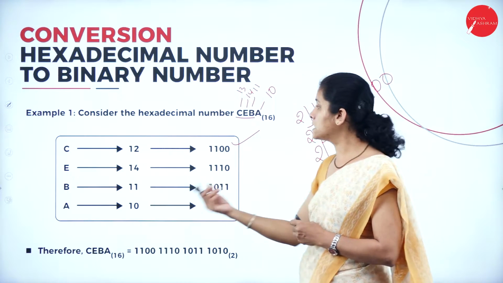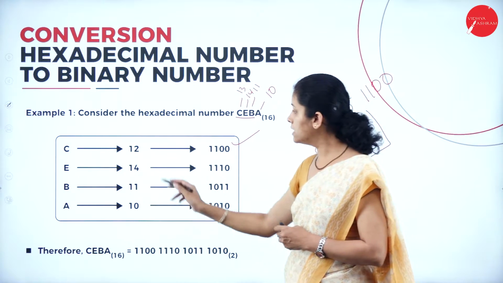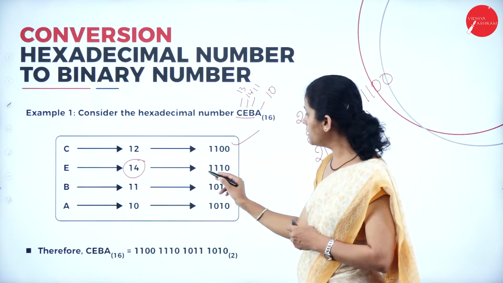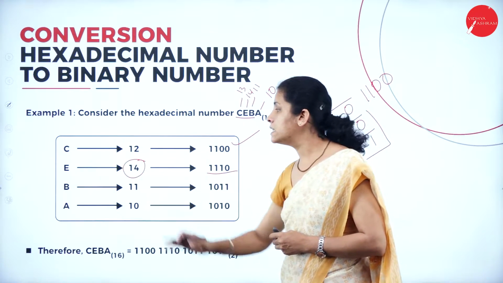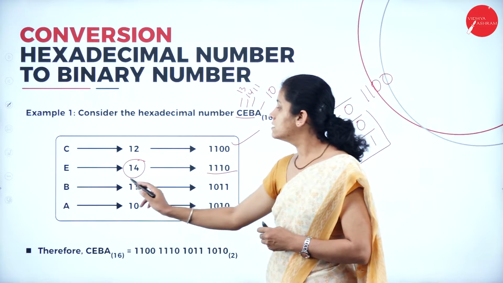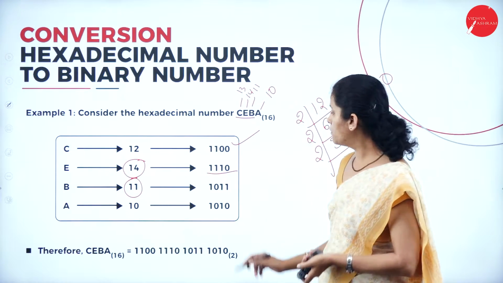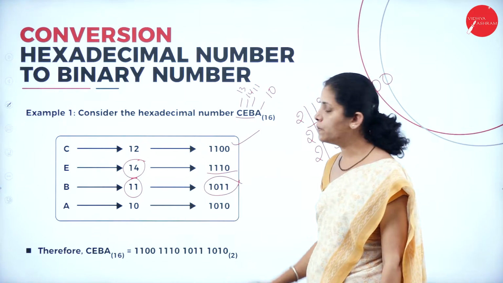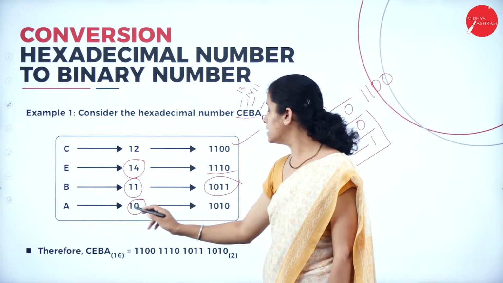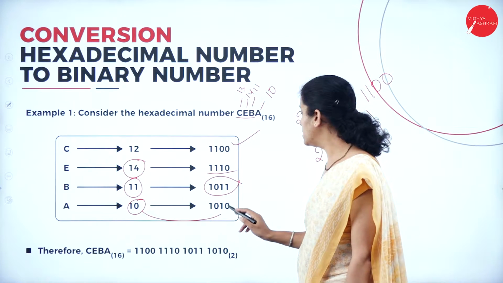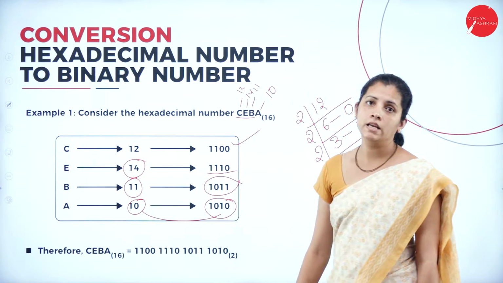And for my next letter, it is E, that is nothing but 14, and I am going to find the binary equivalent. My next letter is B, which is nothing but 11, and I write the binary equivalent. At the last I have A, which is nothing but 10, and I write the binary equivalent.